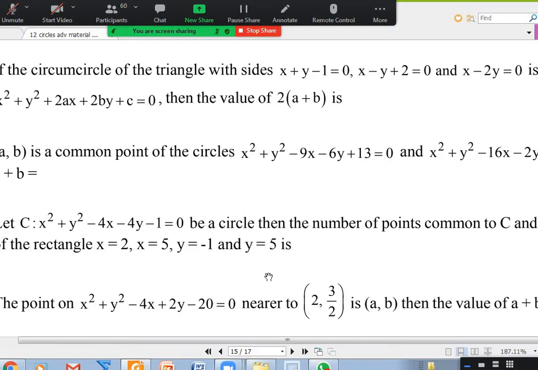Yeah, but for that you have to find vertices first of all, right? Yes, sir. Okay. Is this question easier than that? When 3 sides are given, you can find vertices, and we have a lot of methods, 4-5 methods.